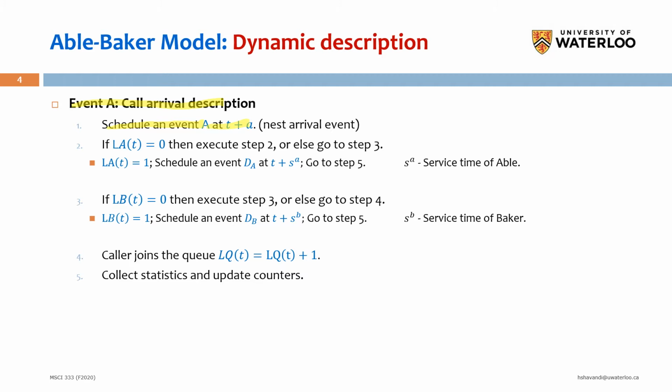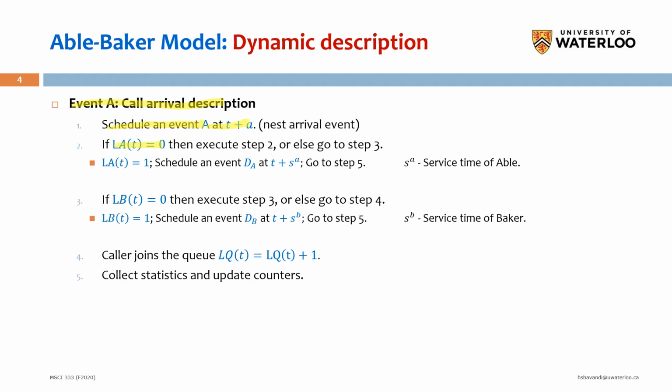Okay, now we check the status of the servers. LA(t): since Able has higher priority than Baker, at first we check Able's status. If Able is free, then this customer will be assigned to Able. Otherwise, we will check the status of Baker. So if LA(t) is 0, then execute step 2, else go to step 3.